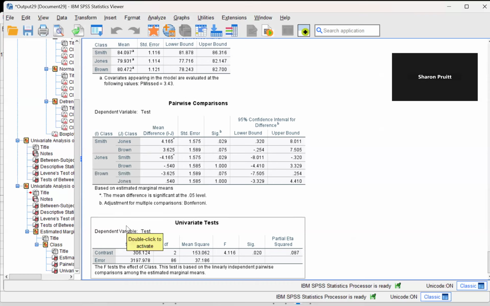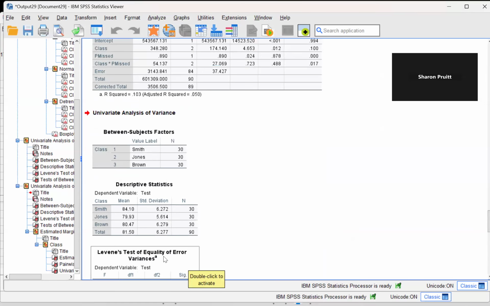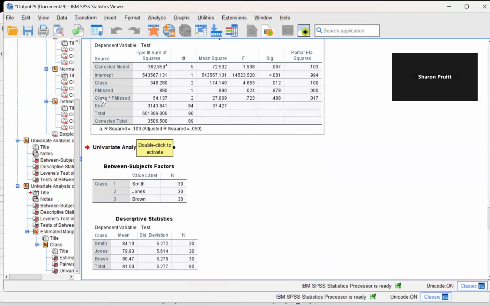We can say, in summation, that an analysis of covariance, an ANCOVA, was conducted to examine differences in test scores among classes while controlling for periods missed. The assumption of homogeneity of regression slopes was met, and for class by periods missed, F with 2 and 84 degrees of freedom gives us an F score of 0.723.